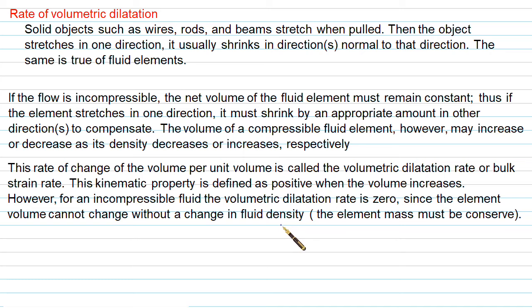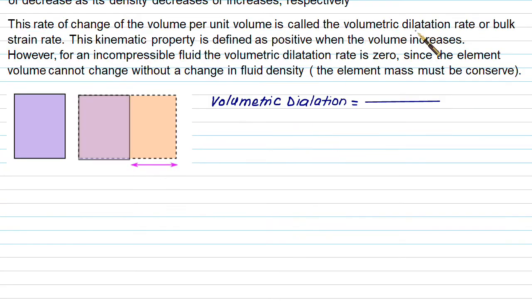Now here we'll develop the equation for the rate of dilation. The volumetric dilation is defined as the rate of change of volume per unit volume. Rate means we have d/dt. Here dV represents the original volume of the element.